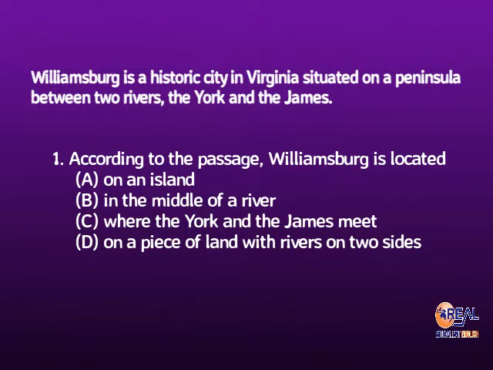And the best answer to this question is, of course, D. With rivers on two sides is the closest meaning to the keyword between two rivers. So on a piece of land with rivers on two sides. Be careful if we find York and James meet, but that's not actually the answer. Or we have the word middle, but that's not actually the answer because middle has a different meaning from between, like that. Okay?